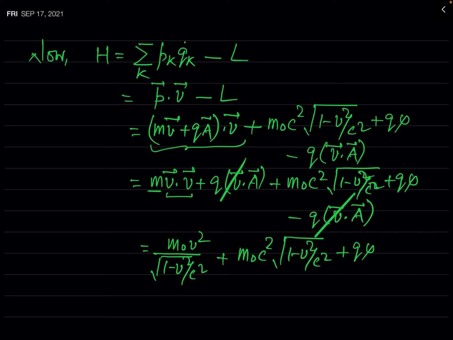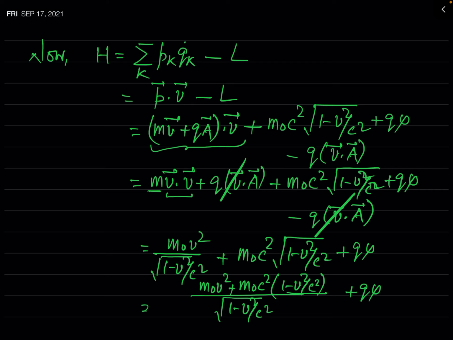Now let us simplify this result to some extent. For that, let us associate the first two terms. You can see here that 1 minus v square over c square will be the LCM, and here will be m naught v square plus m naught c square times 1 minus v square over c square, and plus q phi.